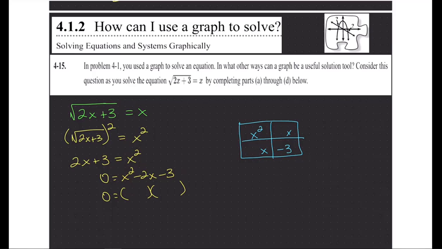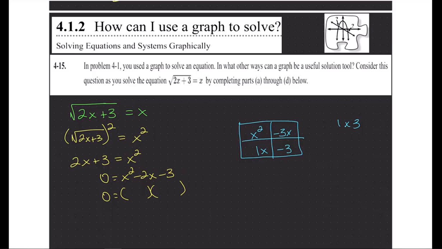I just have to figure out how to get my x's. I know that 1 times negative 3 is negative 3, so I have to multiply to get to negative 3. The only way is 1 times 3. When I add those together, I have to get negative 2, so we're going with a negative 3x and a positive 1x.